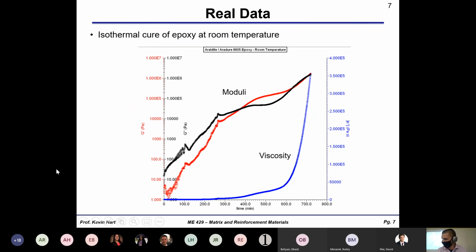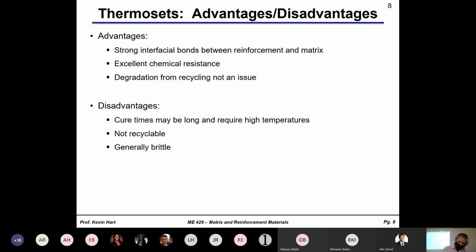All right, continuing. The advantages and disadvantages of thermosets. So thermosets have the advantage in that they're generally very strong and generally stronger than thermoplastics. Okay, and that's because this cross-link structure is very solid and very hard to break.